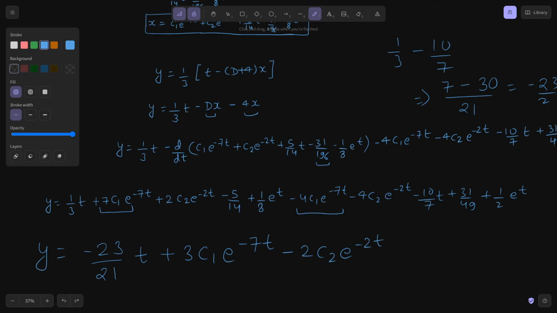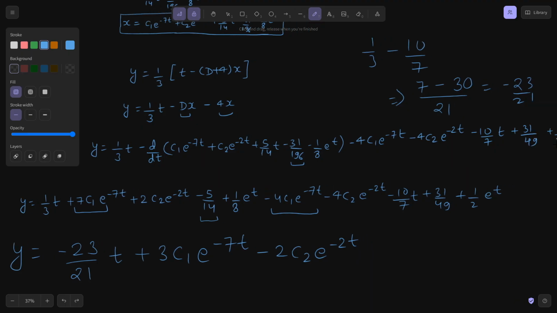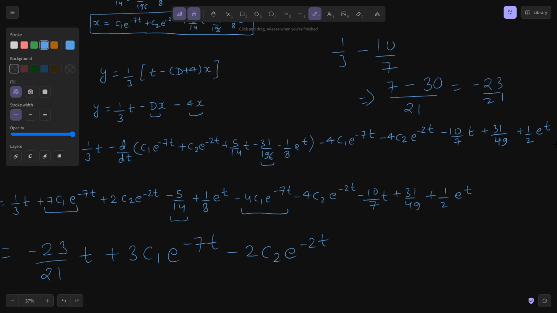Then it comes to the constant terms, and the constant term we are having is 31 by 49 minus 5 by 14.